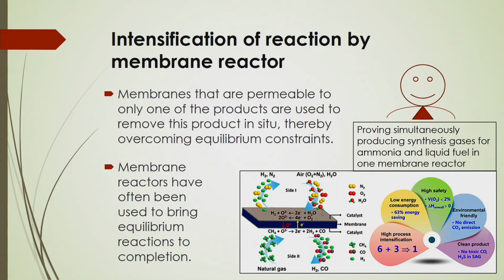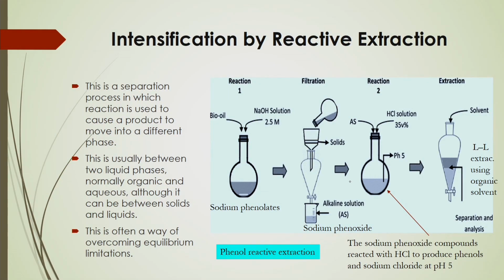In that case, permeability is one important factor by which you can assess the degree of reaction in this membrane reactor. Intensification by reactive extraction is also important nowadays, where reaction as well as extraction are carried out simultaneously, which is called an integrated system.